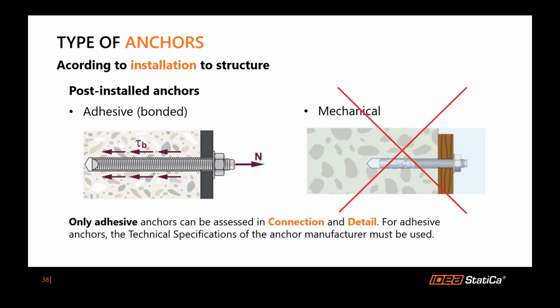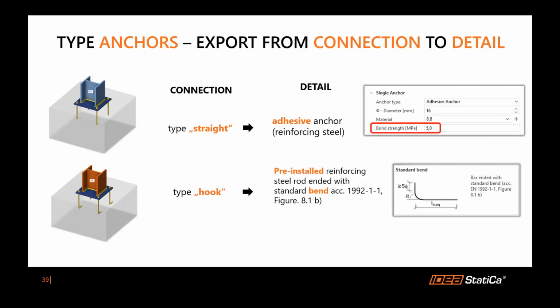For adhesive anchors, the technical specification of the anchor manufacturer must be used. The default value is set to 5 megapascals. So when the straight or hooked anchor is set in the Connection application, they are exported into Detail as follows.